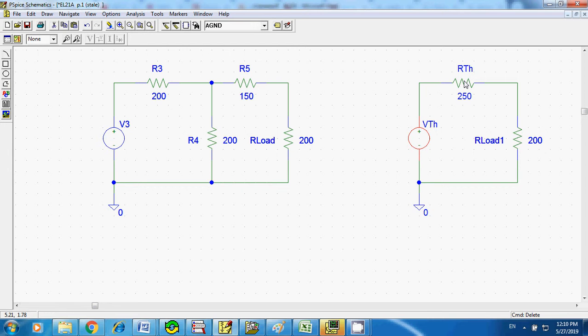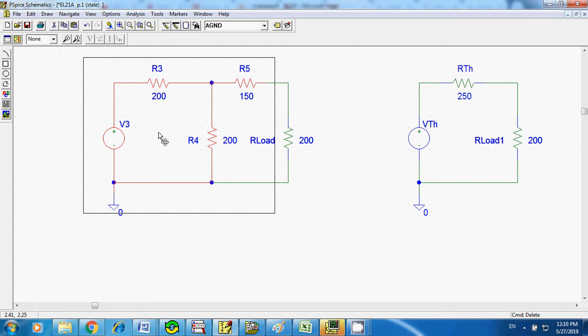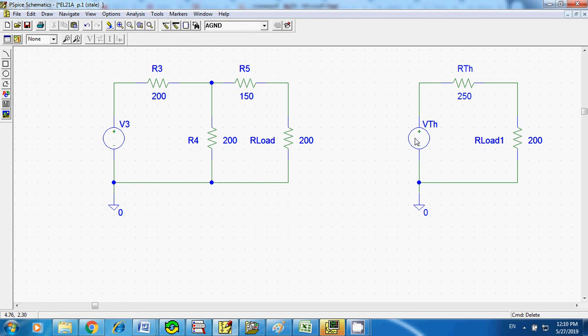So what I mean is that we're going to convert this part of the supply to have only one supply voltage and only one resistor, and I'll use the supply as the VTH. RTH stands for Thevenin resistor as well.